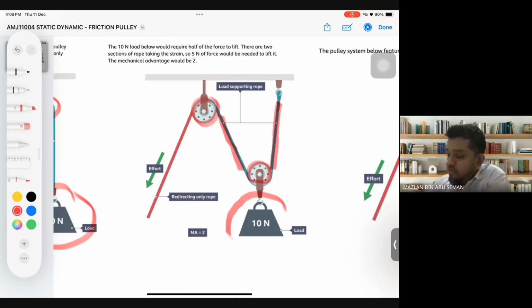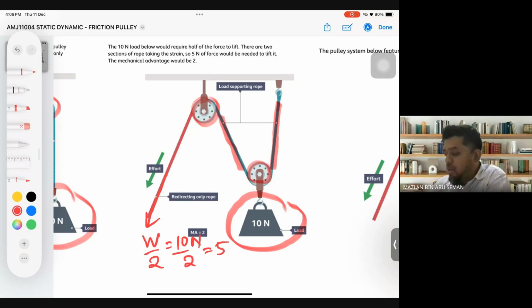For this case, if we want to lift that, the effort we need is W divided by 2, or 10 Newton divided by 2. So the effort we need to lift this 10 Newton is 5 Newton. Right, that's the pulley system. Hopefully you can try Googling on the internet. There's a lot of information about that.